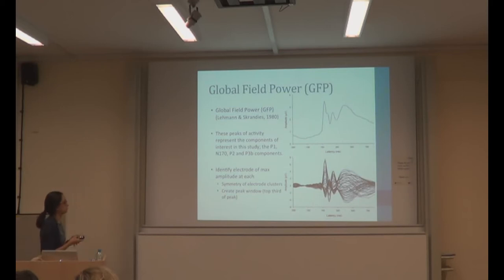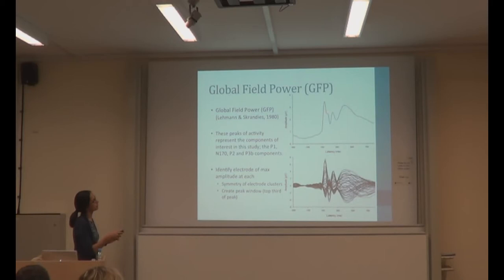So in order to get all the information we needed for analysis, we used this plot to identify the electrodes of maximum amplitude at each of these peaks of activity. How many peaks are there? 4. So these ones are just very close together. So that's P1 and that's N170, and they're all positive because they're standard deviations.